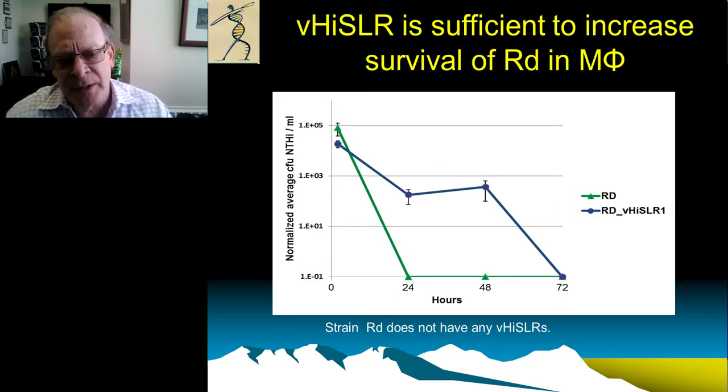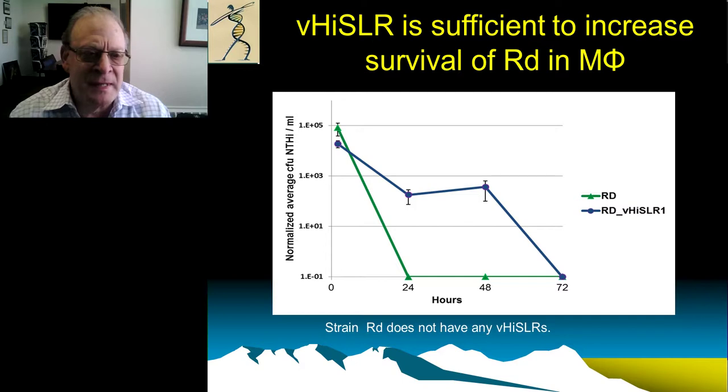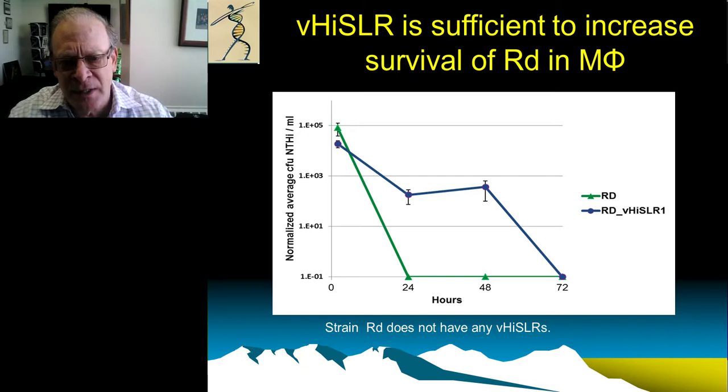Interestingly, if you take a strain of Haemophilus that does not have the VHISLR, which is this strain RD, you can see that it also dies within 24 hours when taken up by macrophages, as shown by the green line here. But if we knock the VHISLR gene into this strain, then it behaves somewhat more like the virulent strain, with the bacteria persisting for at least 2 days.